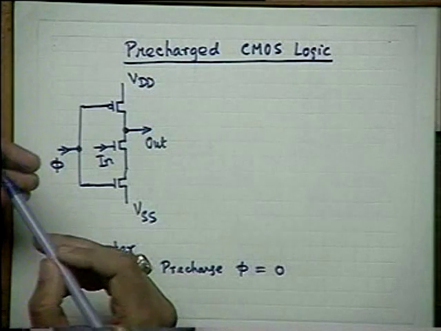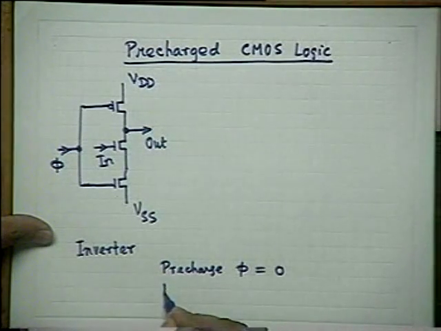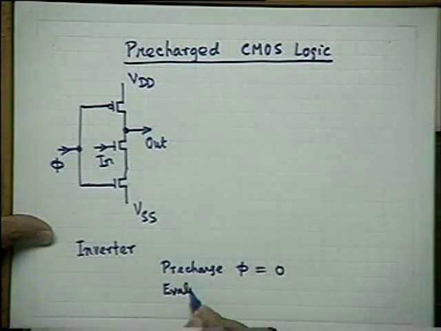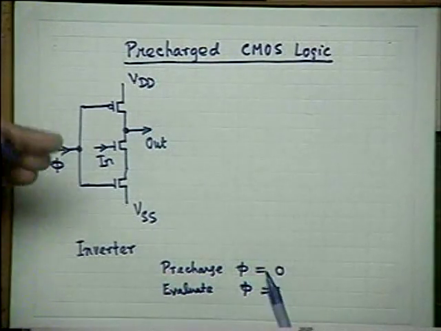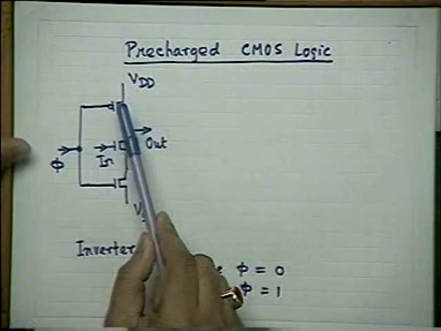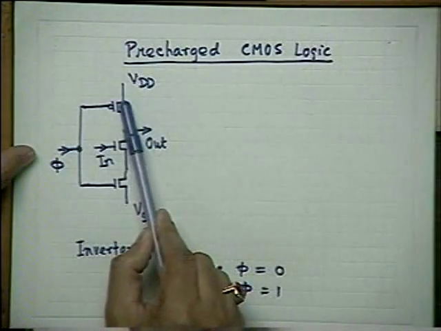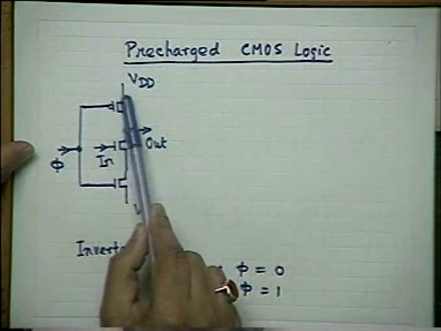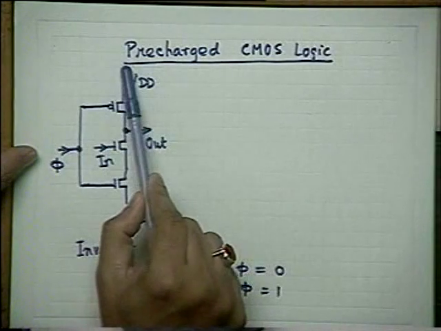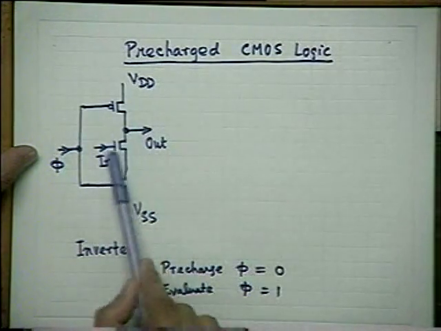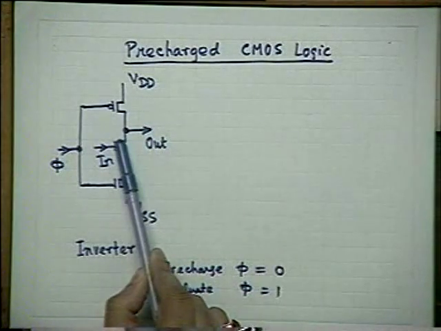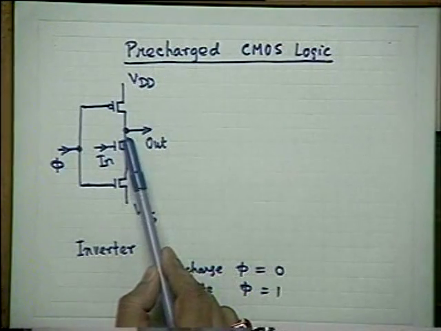And then when phi becomes 1, in the evaluate phase, this becomes 0 now. This becomes off now. In the evaluate phase, the power supply is isolated now. In this case I have shown only one transistor.